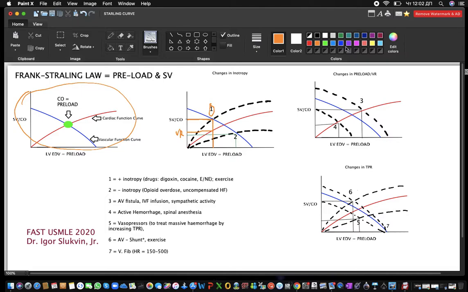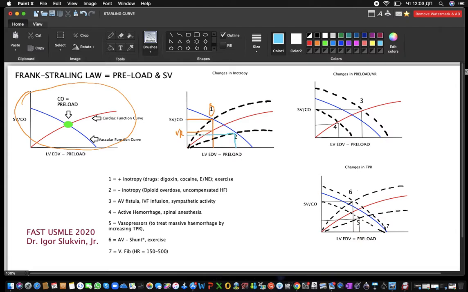Now let's look at point 2. A good way I like to think of it is I always like to take 10 seconds to see what's going on here. So we already know point 2 is below the cardiac function curve.